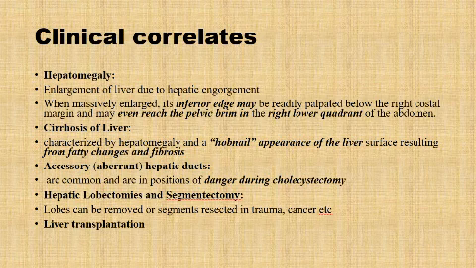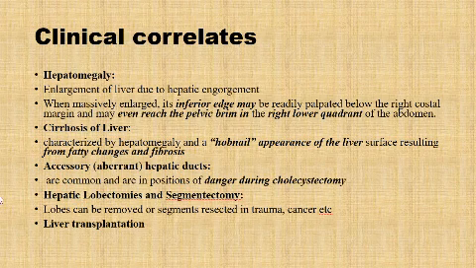Accessory or aberrant hepatic ducts are common and they are in a position of danger during cholecystectomy. Cholecystectomy is the removal of the gallbladder. Then hepatic lobectomies and segmentectomy, and this is very important.